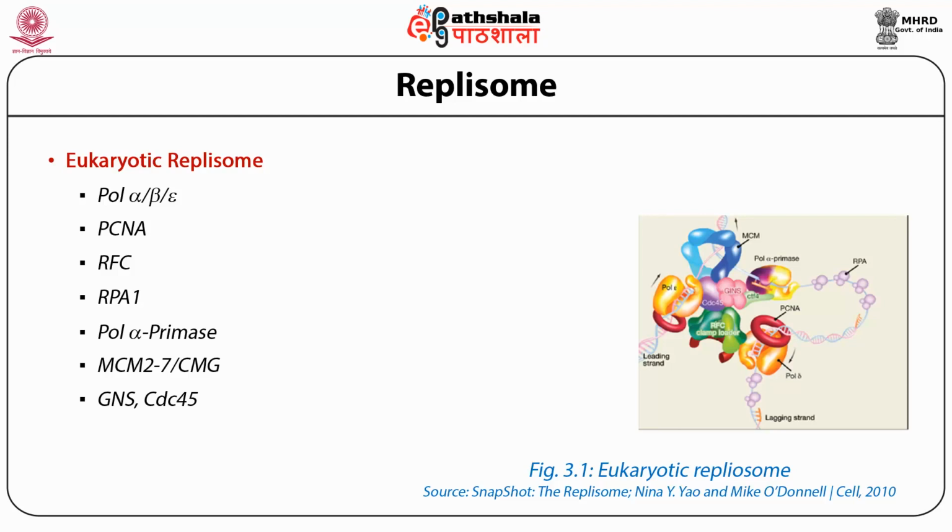RFC is the recognition factor and RPA1 is the replication protein A, which also acts as a substitute of topoisomerase. Pol alpha is a primase, also known as, which acts as the DNA dependent RNA polymerase. MCM2 is the counterpart of single-stranded binding protein, which stabilizes the unwound single strands of DNA. Finally, GNS and CDC45 complete the replisome complex of eukaryotes.